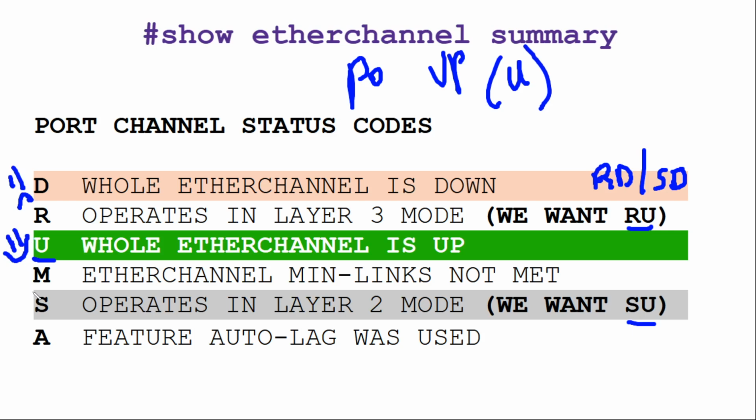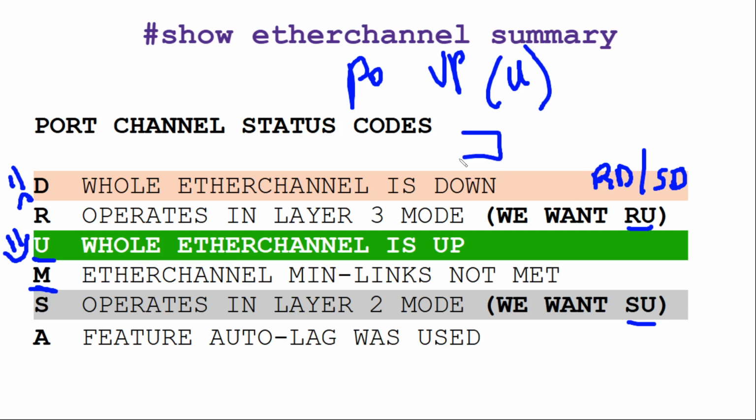For LACP, you could see the letter M. If you configured min links and you don't have enough links up in order to comply with your min links configuration, you will see that your port channel will operate in M mode.